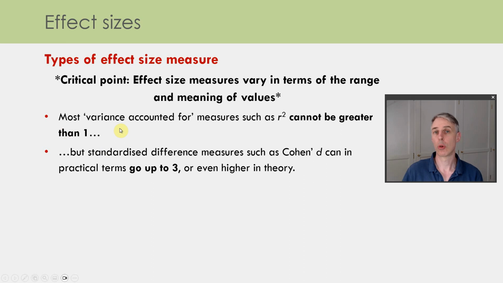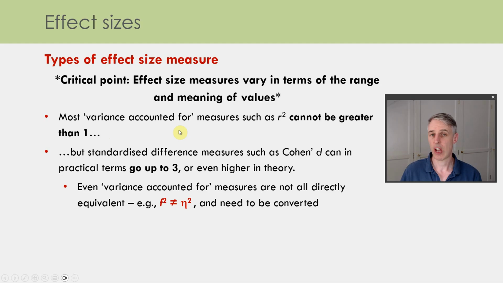For example, most of those variance accounted for measures, such as R squared, can't be greater than 1. 1 is their maximum value, indicating that 100% of the variance in an outcome is associated with the variable you're using as a predictor. In contrast, standardized difference measures, which look at effects in terms of standard deviations, such as Cohen's d, can in practical terms go up to even 3, or in theory go even higher. Actually, it can range in theory up to infinity.